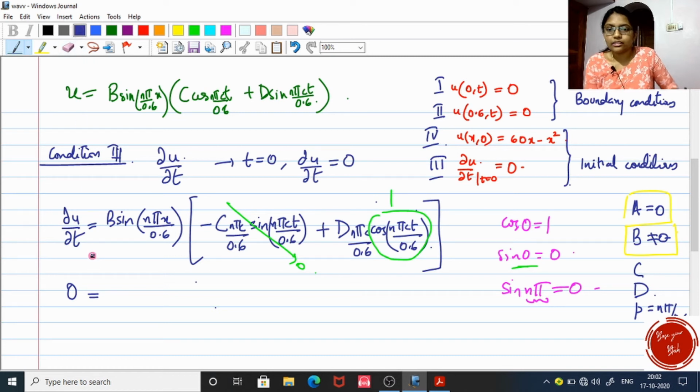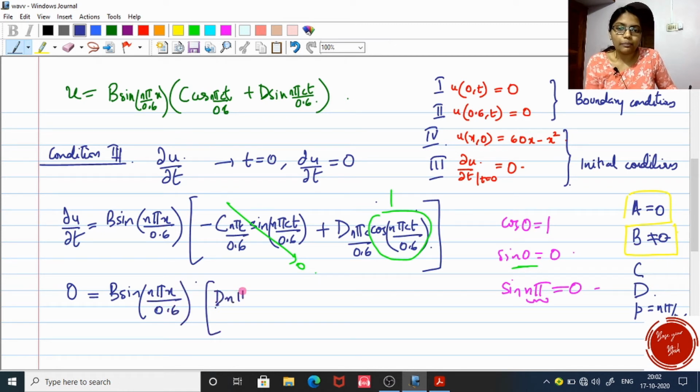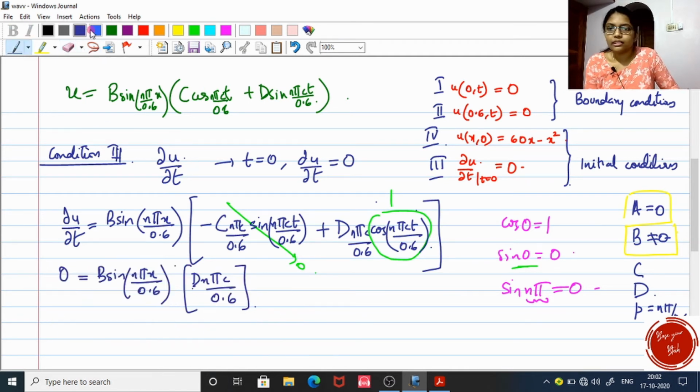So let's substitute again, b sine n pi x by 0.6 into d n pi c by 0.6 into 1. So our equation has now been reduced to 0 is equal to bd. Let us write all the constants together, bd n pi c divided by 0.6 sine n pi x divided by 0.6.